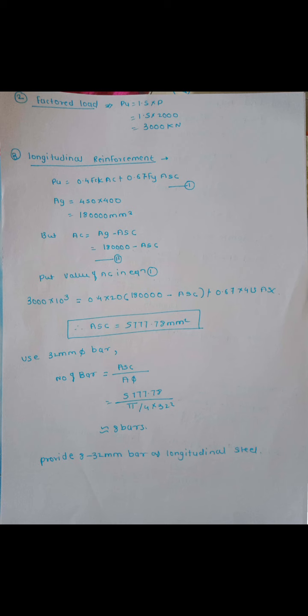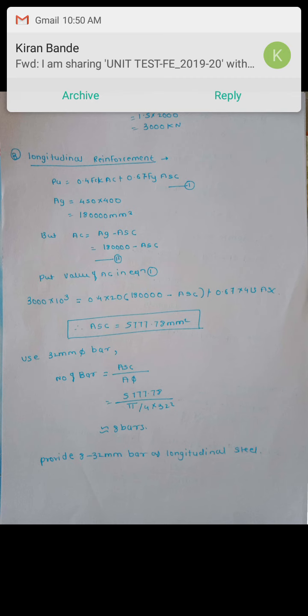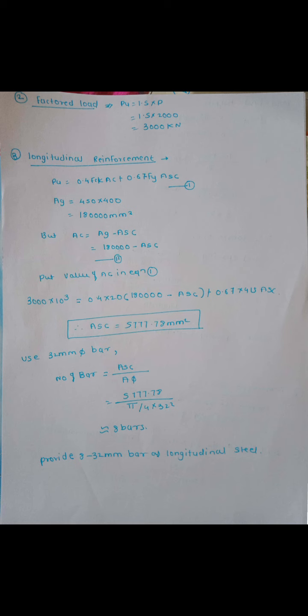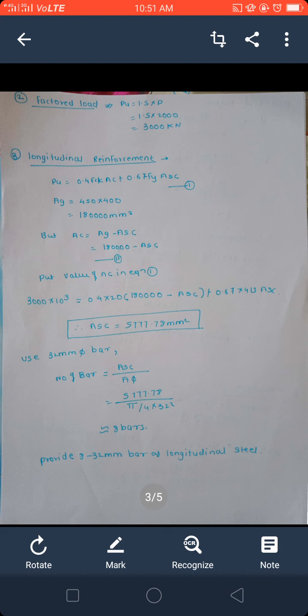Now find out value of area of longitudinal steel which is to be provided. So area of longitudinal steel is calculated by 8 multiplied by pi by 4 into d square. Also find out percentage of steel which is provided. So percentage of steel is equal to Asc provided divided by b into D into 100.